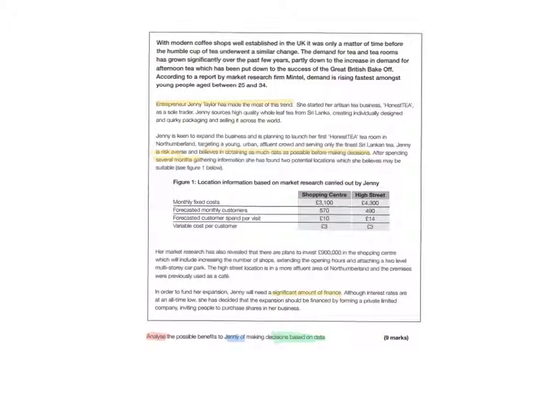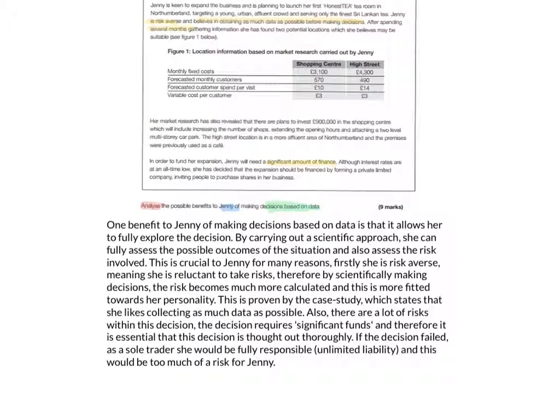So what we're going to do now is create a model answer based on these clues. The model answer I've written is: one benefit to Jenny of making decisions based on data is that it allows her to fully explore the decision. By carrying out a scientific approach, she can fully assess the possible outcomes of the situation and also assess the risk involved. This is crucial to Jenny for many reasons. Firstly, she's risk averse, meaning she's reluctant to take risks.